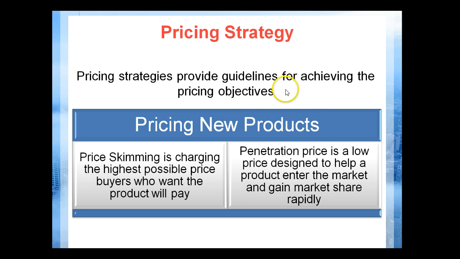Pricing strategies provide guidelines for achieving pricing objectives. The guidelines that the organization establishes are going to be consistent with their objectives. They want to make certain that the price is low enough to give them the market share, but high enough to give them a reasonable profit.